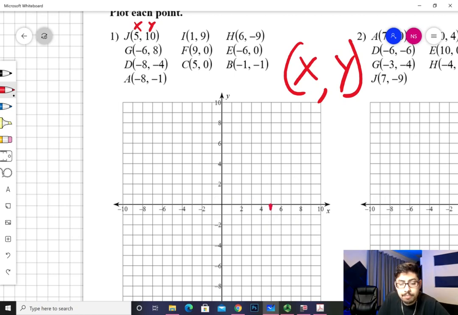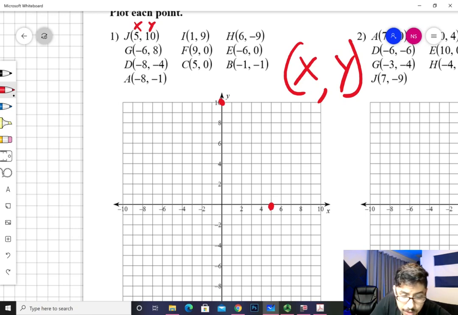All right. Your 10 on your y-axis is the same thing. They want you to go to your 10. What you're going to do is go vertically from your x-axis and horizontally from your y-axis till you hit each other, and that'll be the location of point J. So we know they were telling us on the y-axis it's located at 10 and on your x-axis it's located at 5.